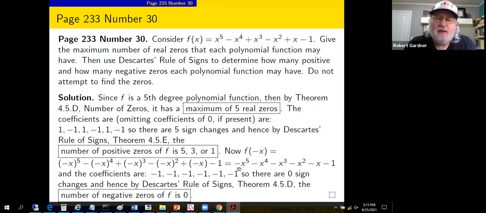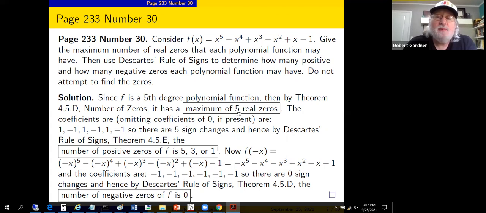So this will simplify to negative x to the 5th minus x to the 4th minus x cubed minus x squared minus x minus 1, multiplying out. The coefficients then go, eliminating the zero coefficients, but there are none: negative 1, negative 1, negative 1, negative 1, negative 1, negative 1. There are 0 sign changes here. Well, this is a definitive answer. The number of negative zeros is 0, so no ambiguity there.